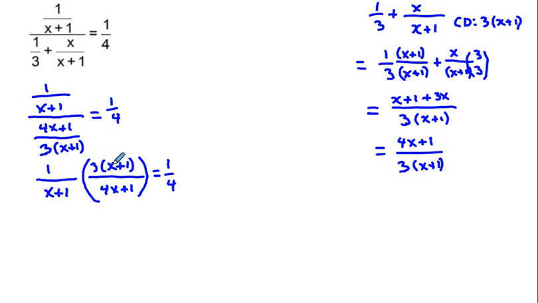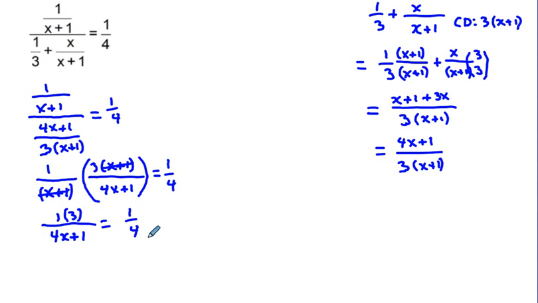And now we can cancel. We have now x plus 1 over x plus 1 cancel each other, and all we have left remaining is, excuse me, 1 times 3 over 4x plus 1, and that's going to be equal to 1/4.